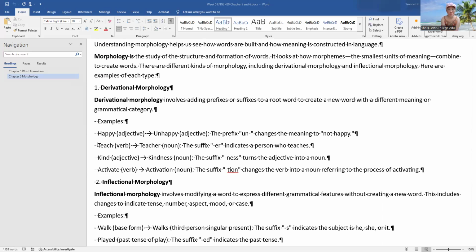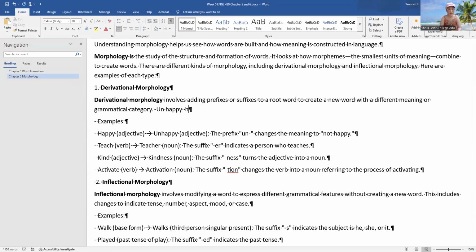Derivational morphology involves adding prefixes or suffixes. Remember, a prefix is what comes before the word, and a suffix is what comes after the word. If I wanted to say unhappy, let's just use that, un would be the prefix and happy is the root.